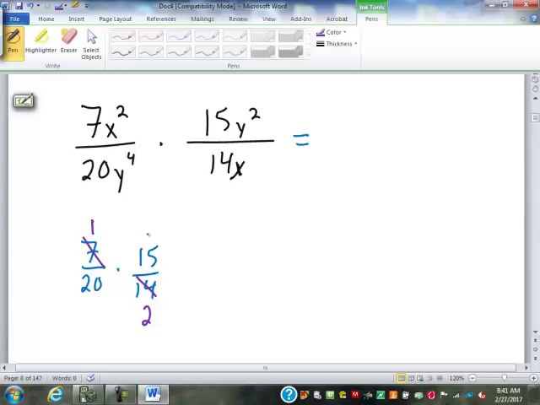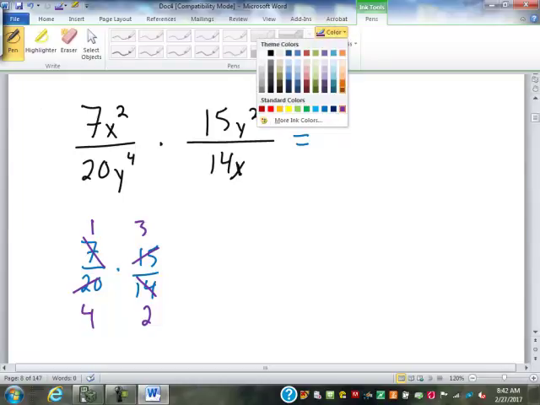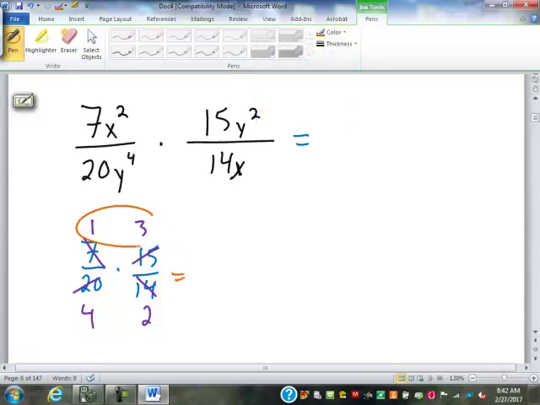Anything else we can cancel out? 20 and 15 both divide by 5. What is 15 divided by 5? 3. And 20 divided by 5? 4. Good. So now we'll multiply those out. 1 times 3 is 3. 4 times 2? 8. So the numerical part of our answer up here is 3/8.